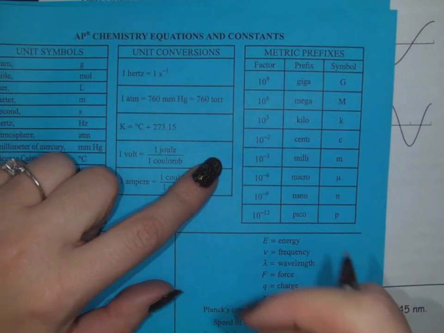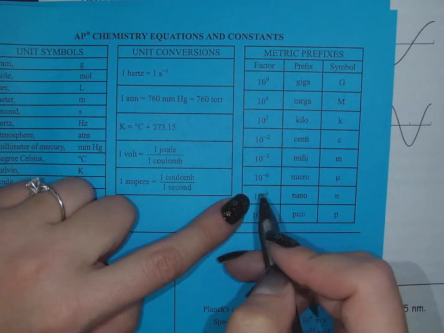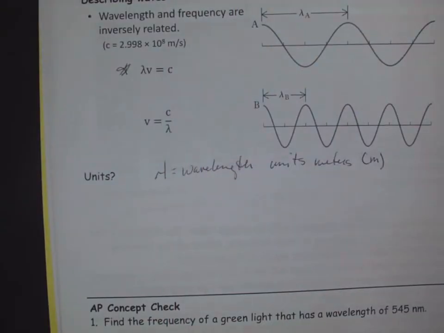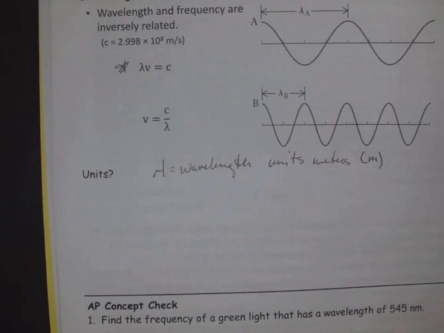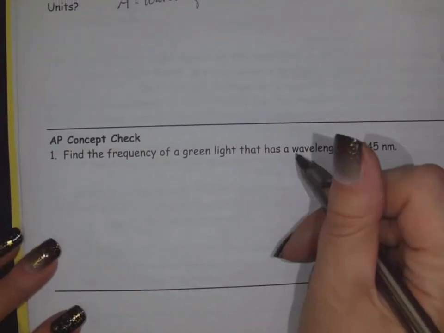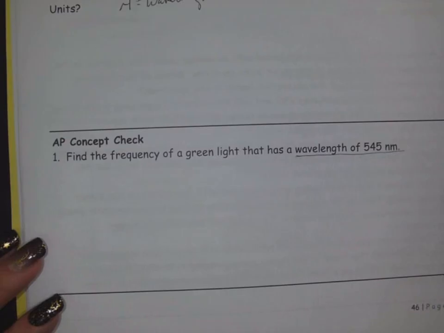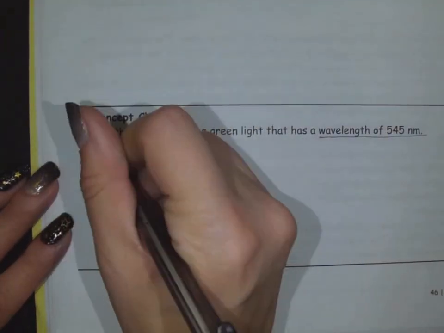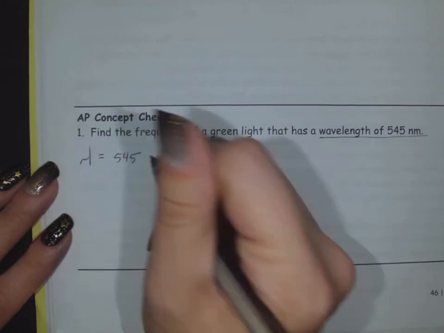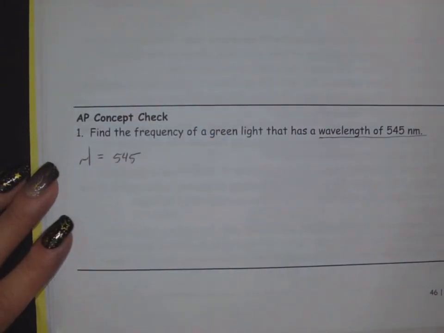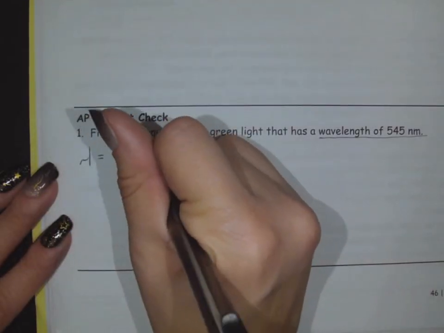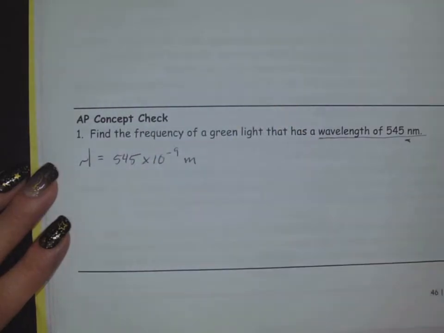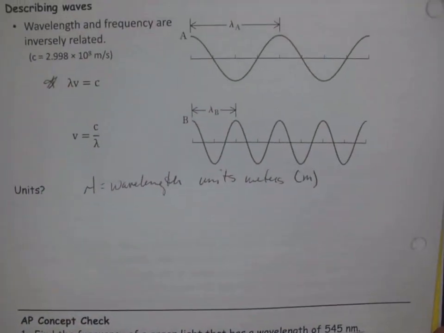And look, here is nano. Nano means times 10 to the negative 9. So if I have a problem, just like down here, the wavelength is 545 nanometers. So my wavelength is 545, and I'm going to change this. Instead of nanometers, I want it to be meters, so I'm going to go times 10 to the negative 9, because that's what nano means. And now it's just meters. Great. So I need you to convert it to units of meters.